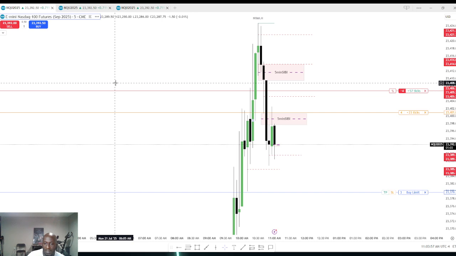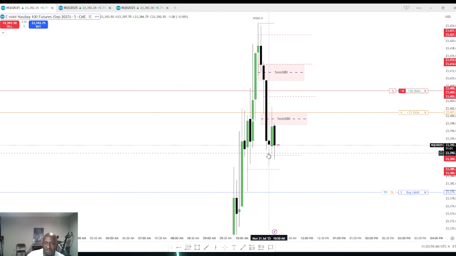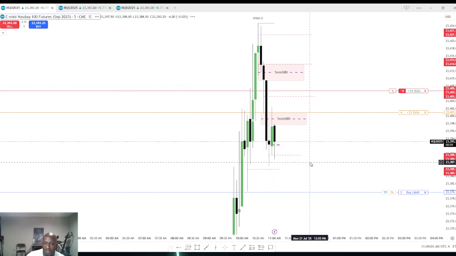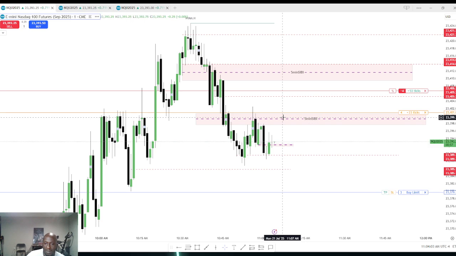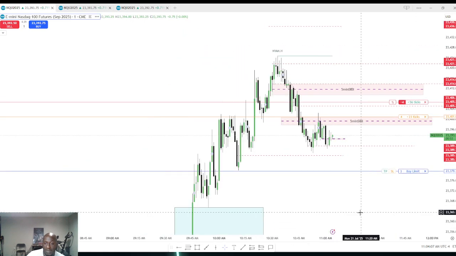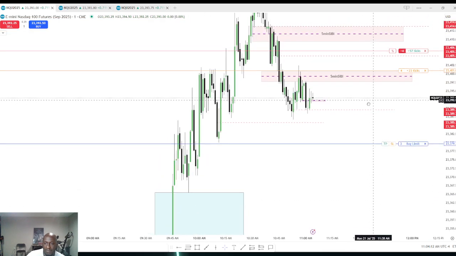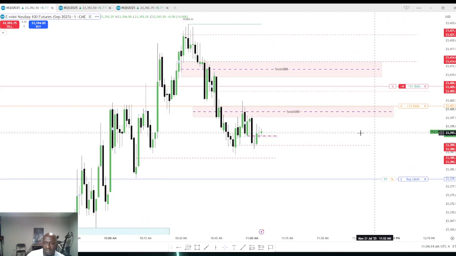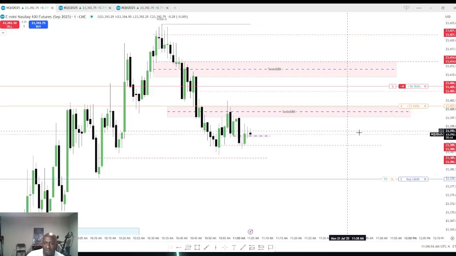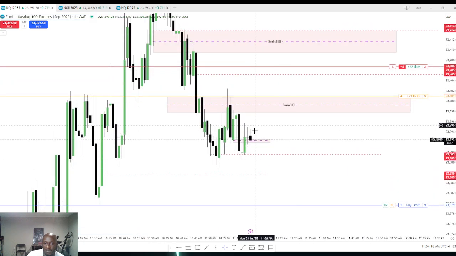Again, wicks are treated like gaps. That's why we measured this one. And I'm not so sure that that's where we're going to go. To me, that's what I see. I see inefficiencies down here, but maybe we're not interested in those today. We get a close over this one.